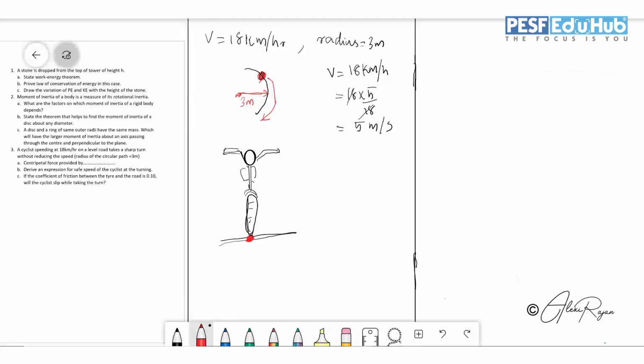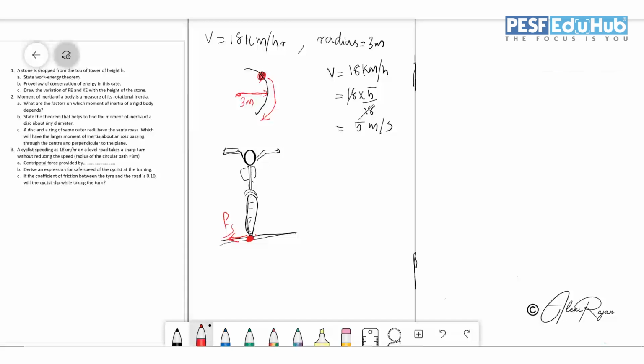While turning, this static friction is acting this side. Just imagine you ride a cycle and you're clicking a photo of that cycle. At that particular moment, there is a frictional force acting between the tire and the road, and that is a static friction.